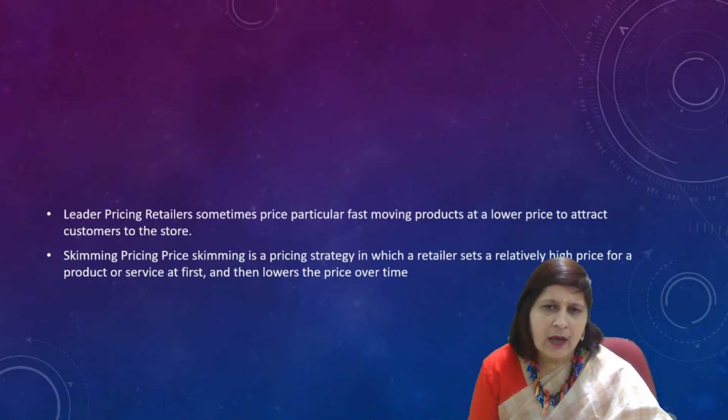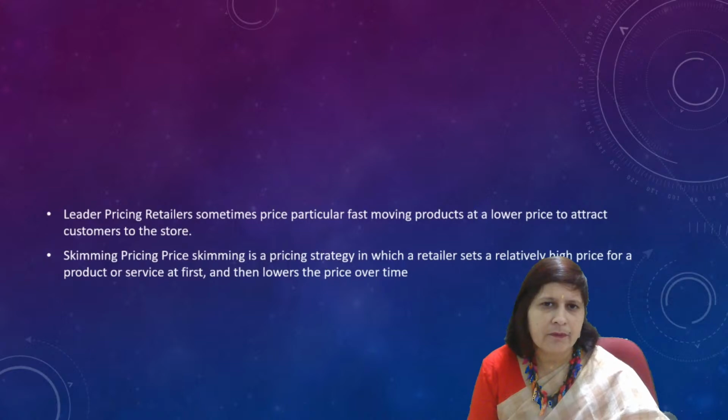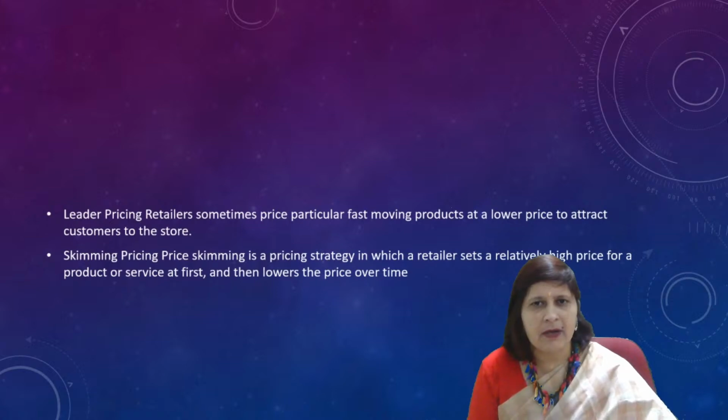Along with eggs I might prefer to buy bread, milk also, or butter too, right? So the price of egg is 8 rupees per unit, but the price of other things is at par with the market or could be higher than the market.